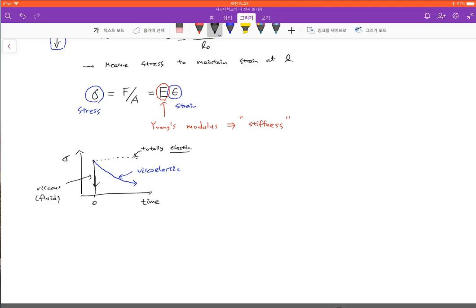So, as I mentioned, when you check the stiffness or Young's modulus as a function of temperature, you can determine glass transition temperature. It is known that if you plot log E, Young's modulus, as a function of temperature for polymer samples, it shows this kind of behavior, something like this, for an amorphous sample.